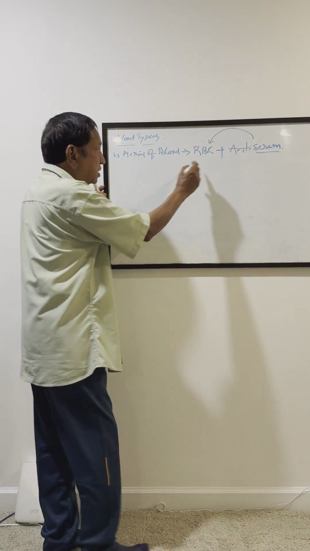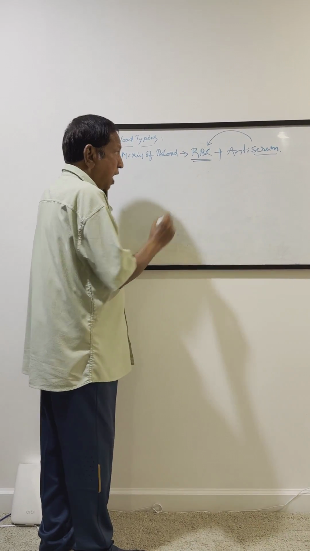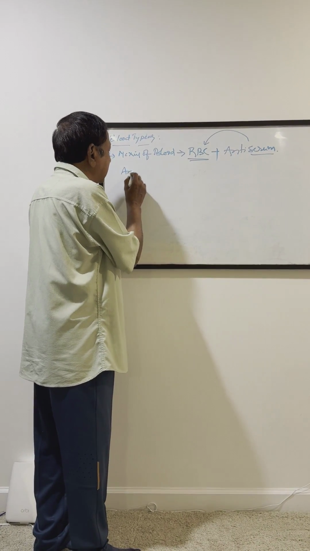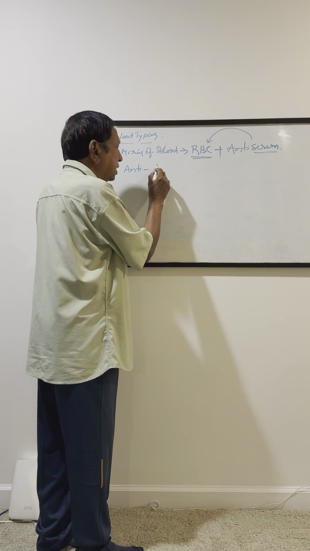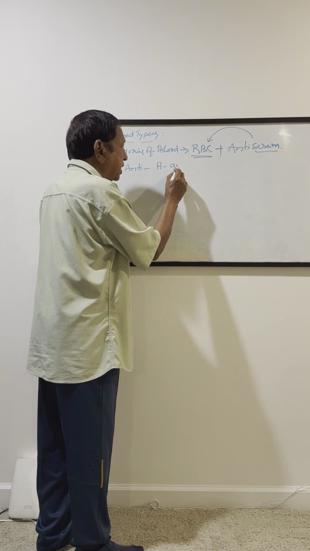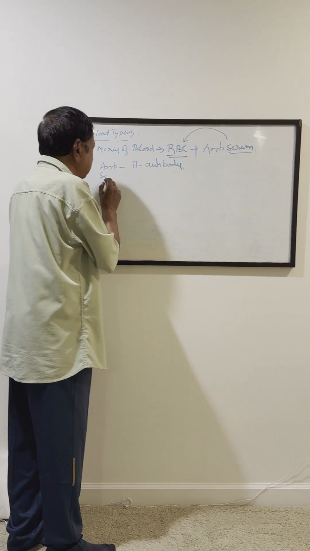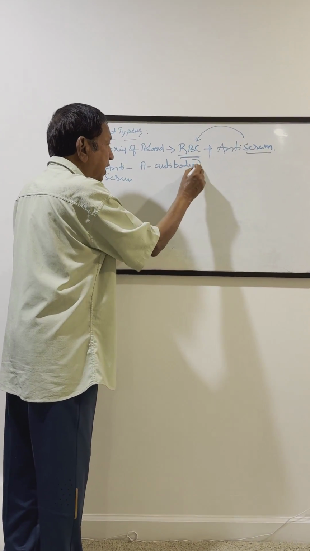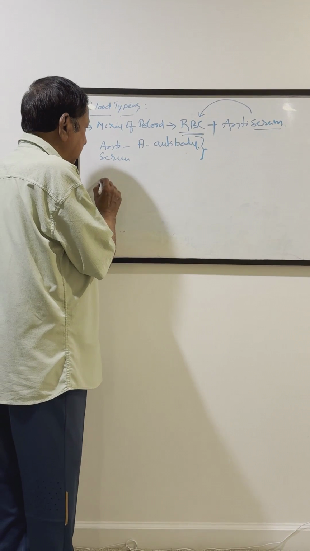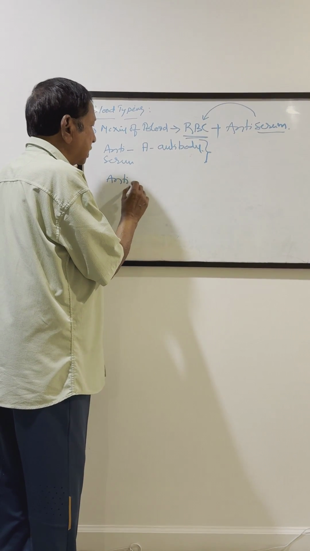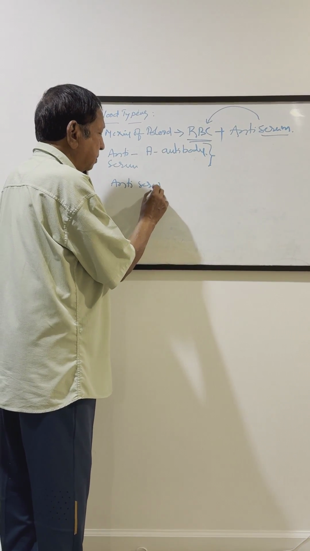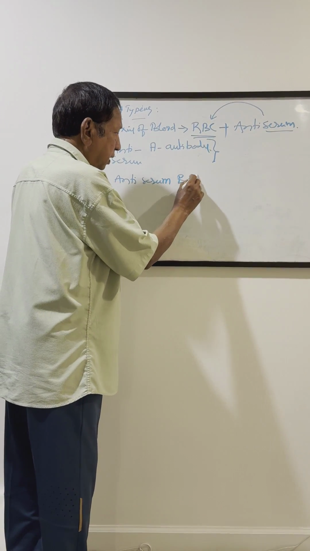If you take an antigen of the RBC and mix it with anti-serum A antibody, or you can type with reference to anti-serum B antibody.